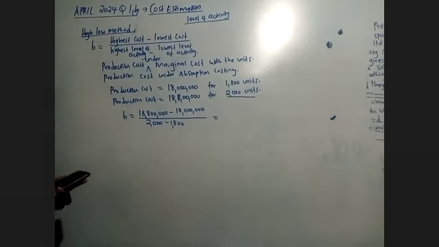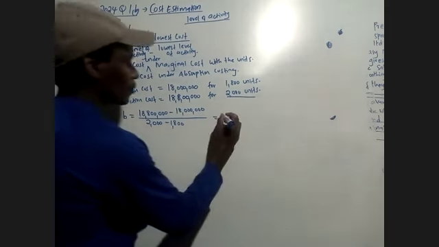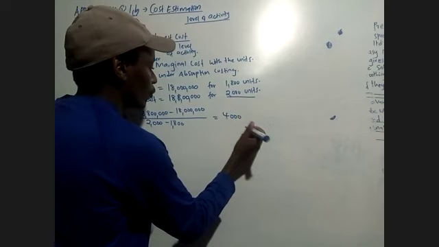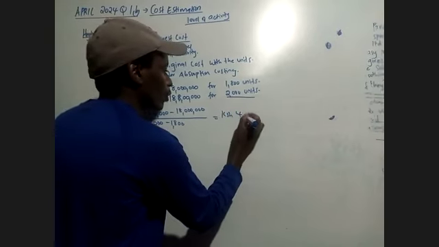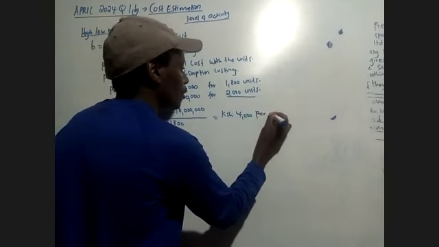So what will be our B? 18,800,000 minus 18 million, divided by 2,000 minus 1,800. That will be equal to 4,000 Kenya shillings per unit.